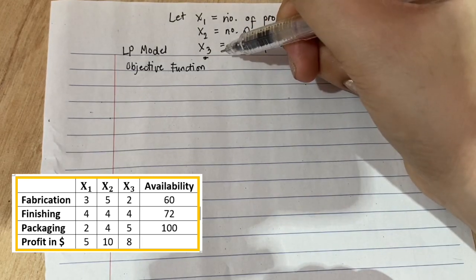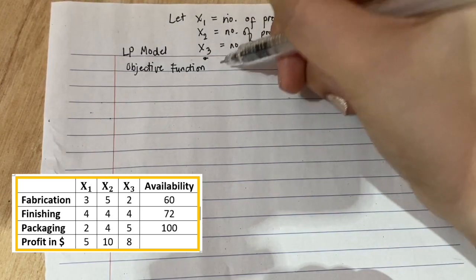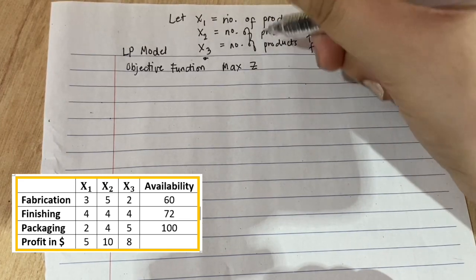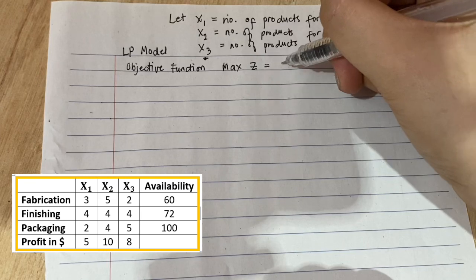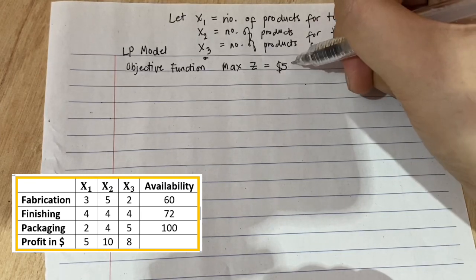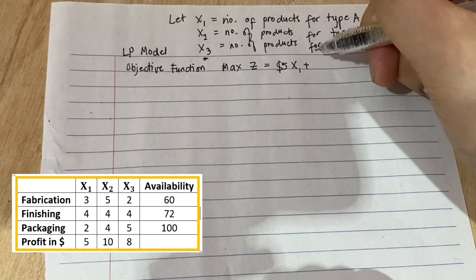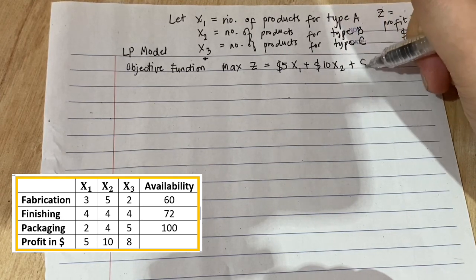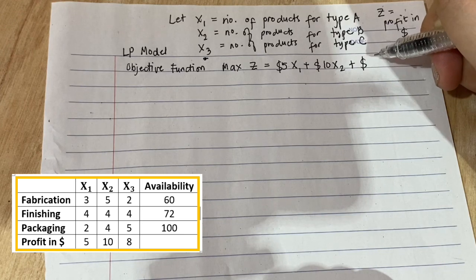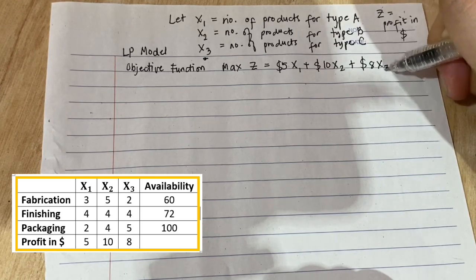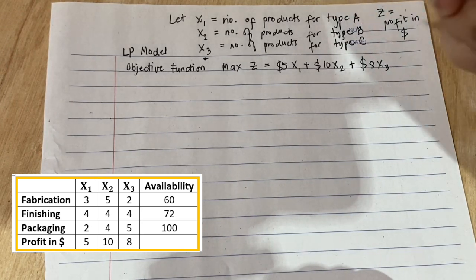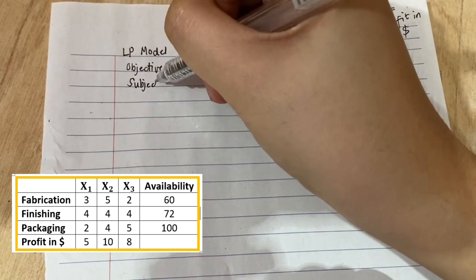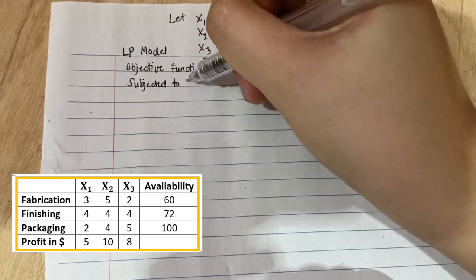In this case, you're asked to get the maximum profit, where for every unit there is $5 of type A, $10 of type B, and $8 of type C, subject to the constraints.